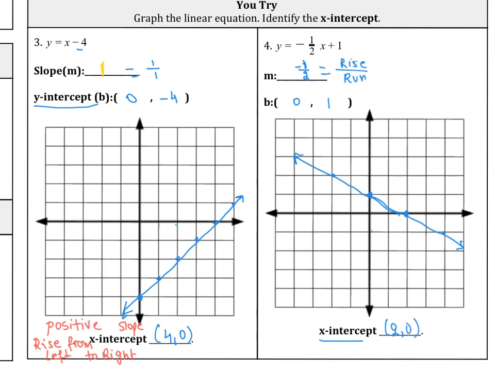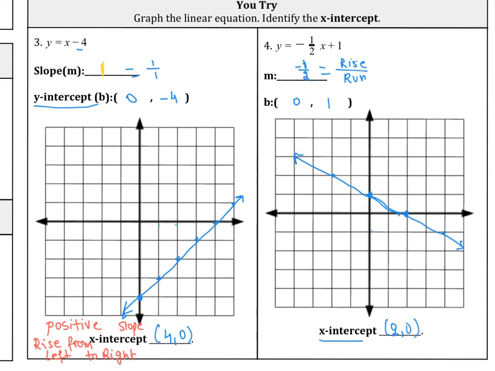In this case I also want to mention one important thing: if you have a positive slope, then the line is going to rise from left to right.